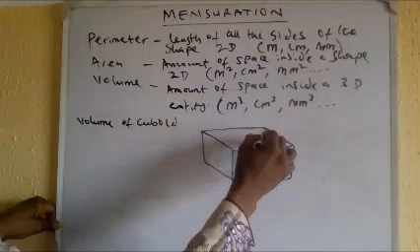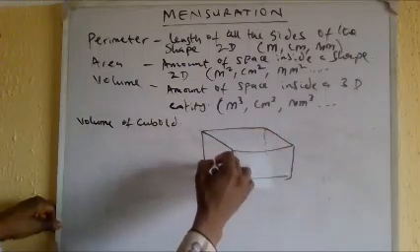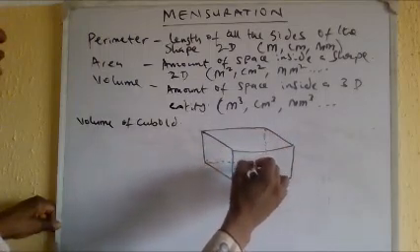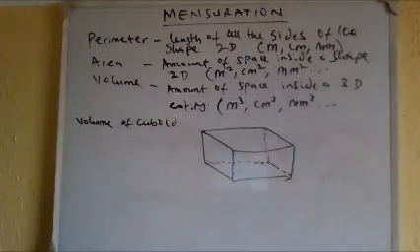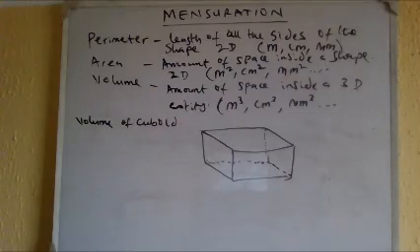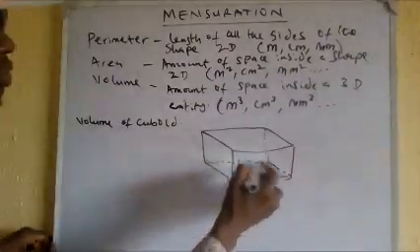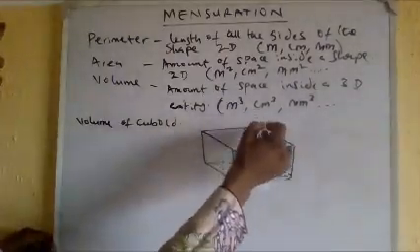So these are hidden details. That's from this view, they are hidden details. So that's why I'm doing it like that. So I'm sure you have seen a cuboid. A cuboid is formed from rectangles. So this one is one of the rectangles. This is another. The one at the back is another.